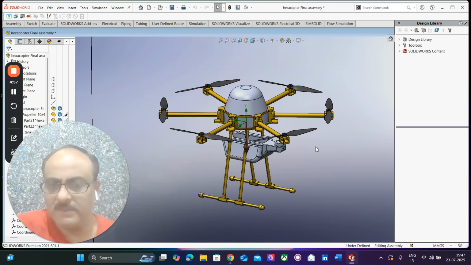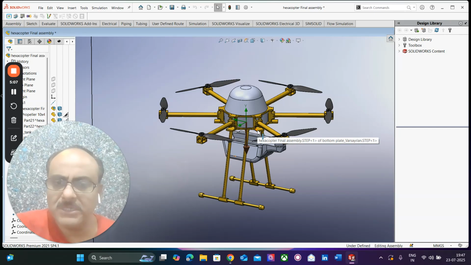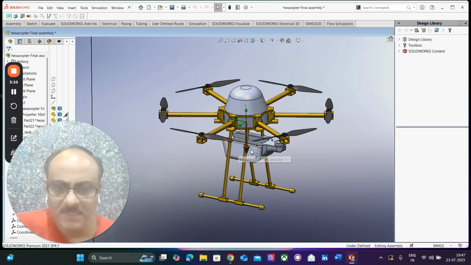And this hexahedron drone will be operated by a drone operator or a pilot. And since this is fully autonomous, there is no continuous intervention on the system.